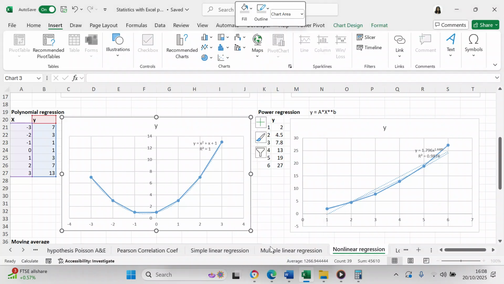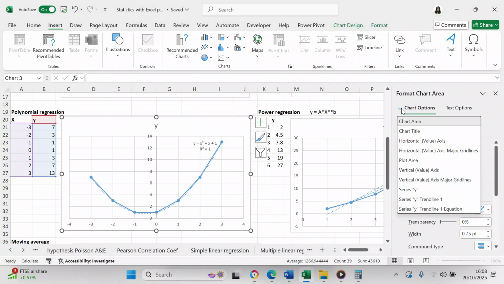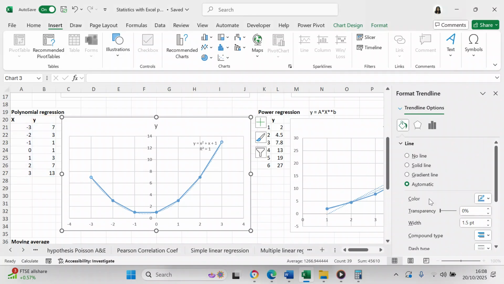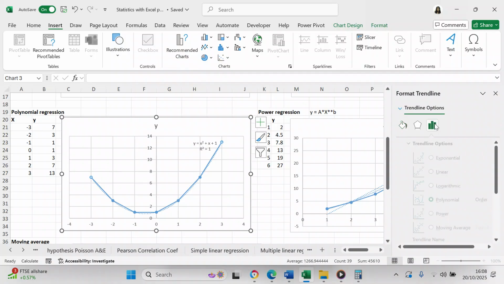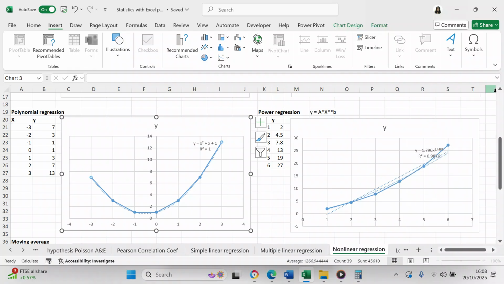We'll format the chart area, come over to where it says trend line, and then to the chart where it says polynomial. It says order of 2, so you can make it order any number that you want, and we've got an order of 2. Your formula is y equals x squared plus x plus 1, and r squared equals 1.